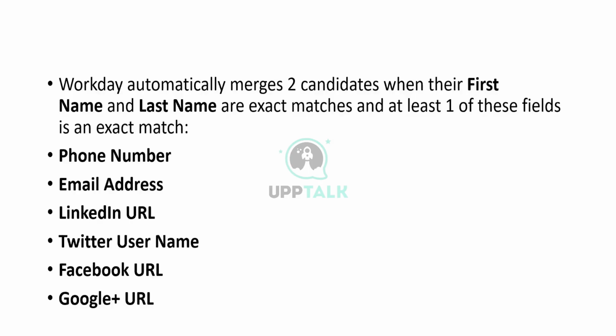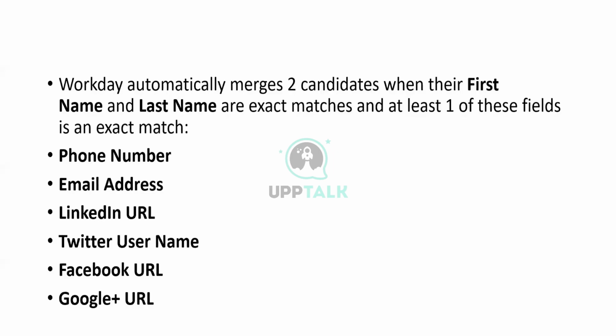But you must have seen this if you're applying again. You have applied, let's suppose, at Deloitte already, and after 6 months you again try to apply with the same credentials. Then the recruiter might say that your details are already there in the system. That is the concept of duplicate candidates.